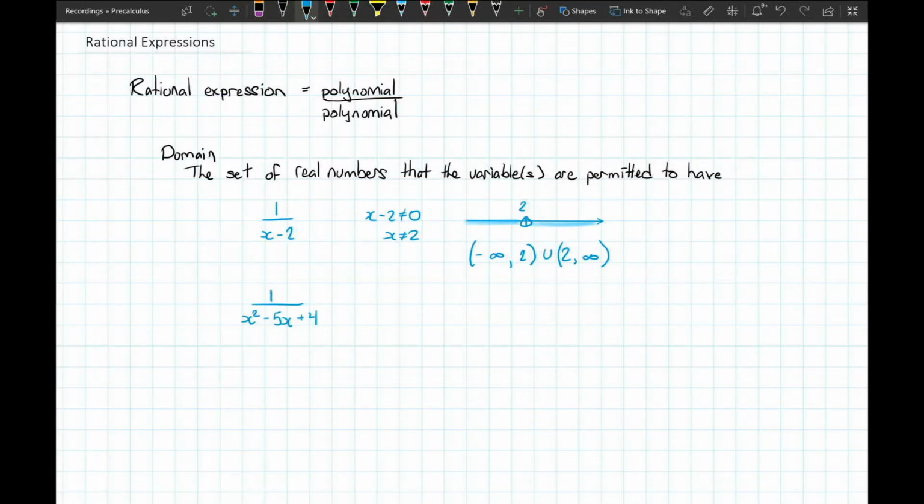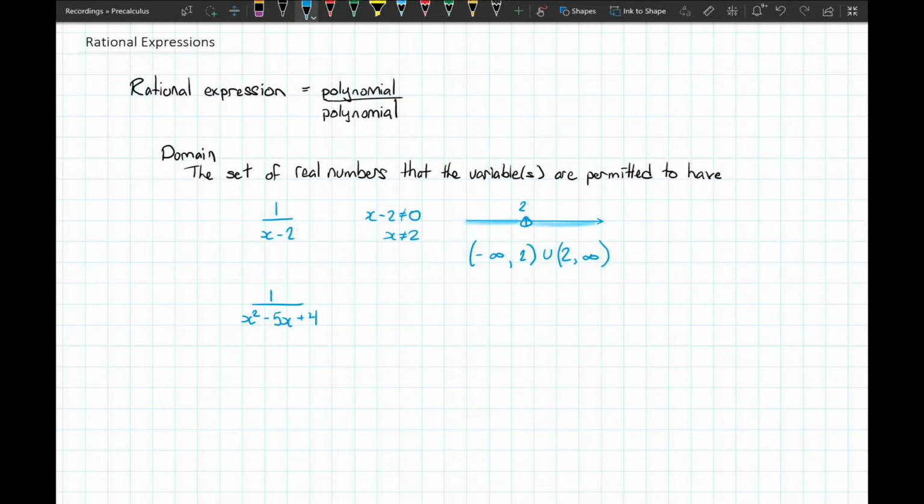Now they do get a little bit trickier in some circumstances. Here's another basic rational expression, and I'm just using 1 again for the numerator. You could have something much more complicated than that in the numerator, but it won't affect the domain. The domain is always just about the denominator when you're talking about rational expressions.